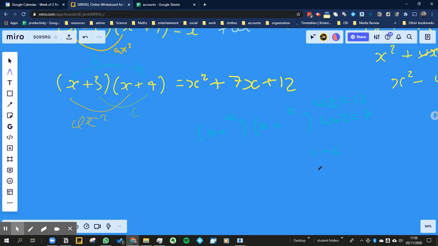Then we go 2 plus 5, but 2 times 5 doesn't equal 12. It equals 10. So that's wrong. So we try the next one. 3 plus 4 equals 7, and 3 times 4 equals 12. So we've got a winner. So we go 3, 4, and then that's the answer. Okay.